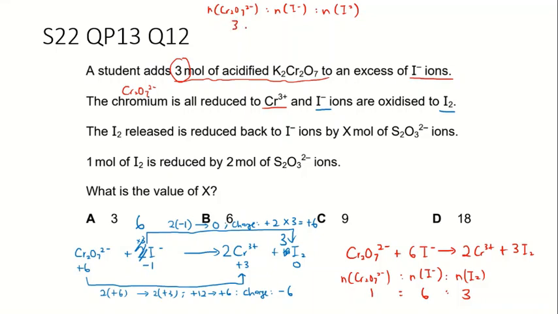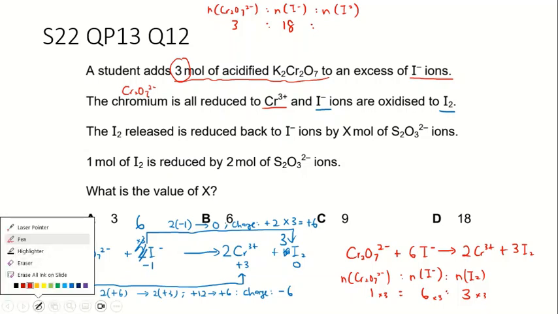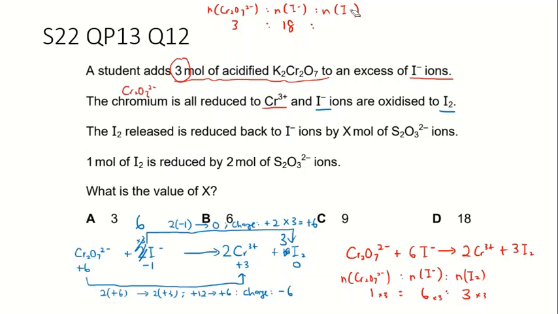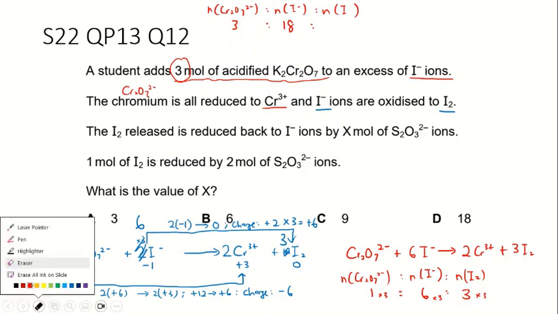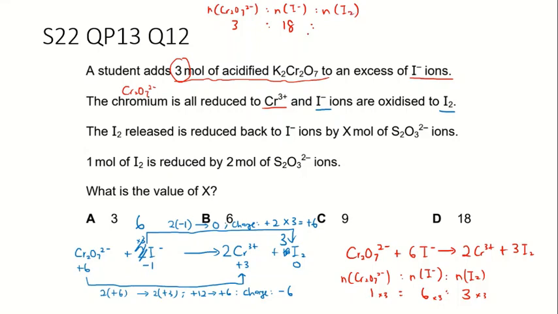Now I'll have to start with 3 because the student uses 3. So if this is 3, I multiply this by 3, I have to multiply the rest by 3 also. So the number of moles of iodide will be 18. Number of moles of iodine, sorry about that, I shouldn't have written it as a superscript. It should be a subscript. So the number of moles of iodine will be 9.